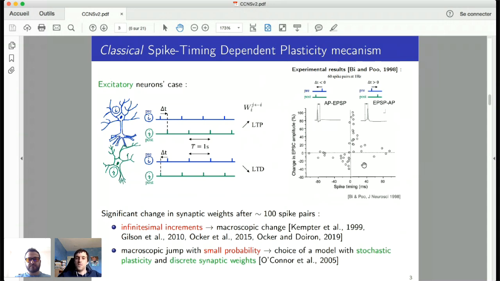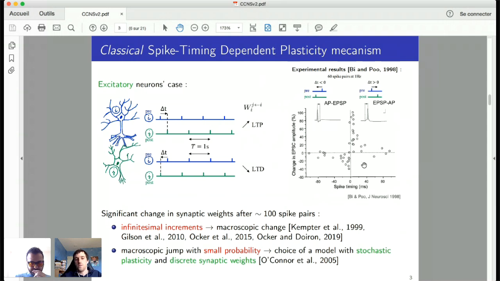We can model this phenomenon by two methods. First, we can change the weight at each spike pair, but with a small increment, which will lead to a macroscopic change after a large number of spike pairs. The method that we used is the other one.